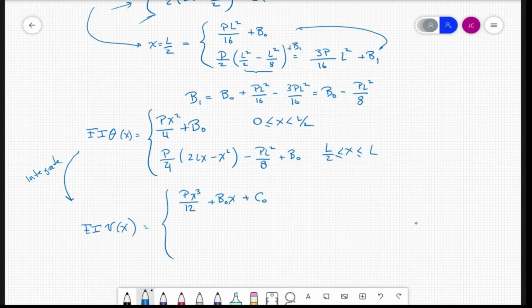And then for the second half of the beam, we're going to get p on 4. All right, this becomes lx squared, and this becomes minus x cubed on 3 minus pl squared on 8 times x plus b0 times x plus another integration constant, c1.